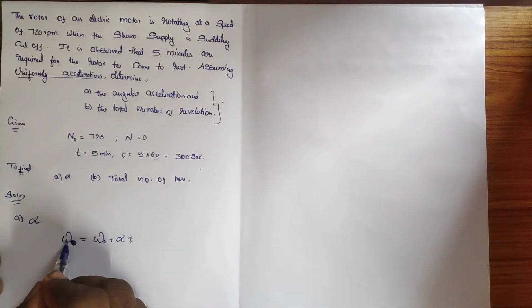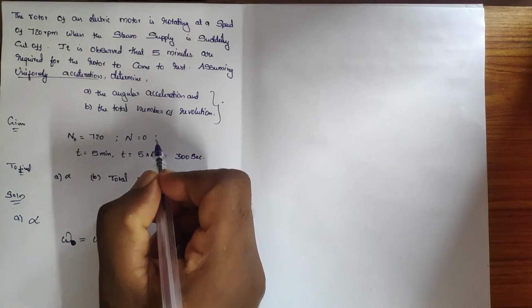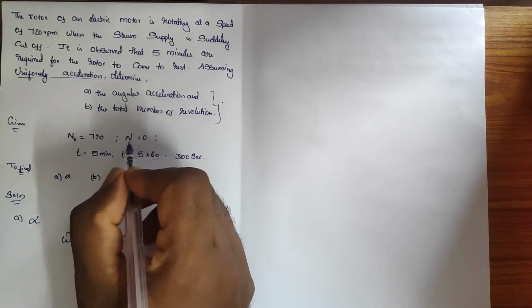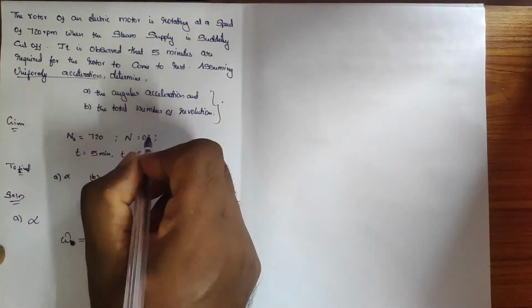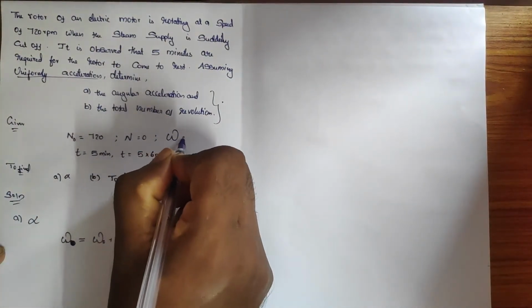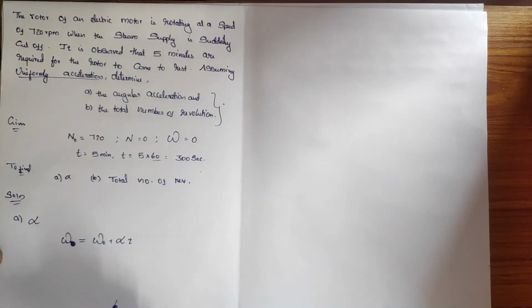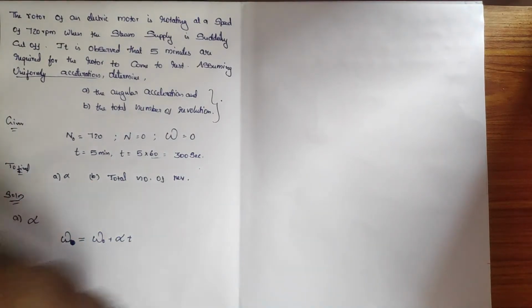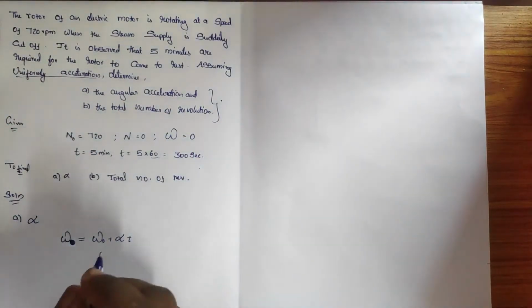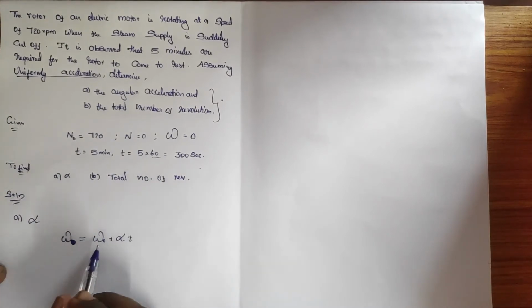What about omega? Omega is the angular velocity, and when it comes to rest, that is the final position. So omega at the final stage will be 0. There won't be any speed or velocity since it is coming to rest.